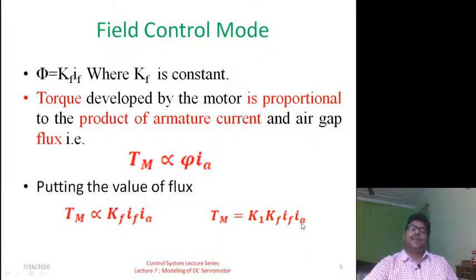In this case, Ia is constant, K1 is constant, Kf is constant. So these three will be replaced by another constant Kt, that is the motor torque constant. So Tm will be equal to Kt into If.